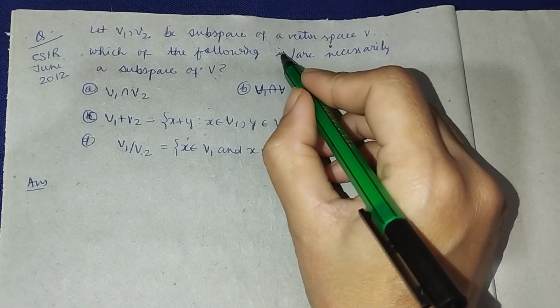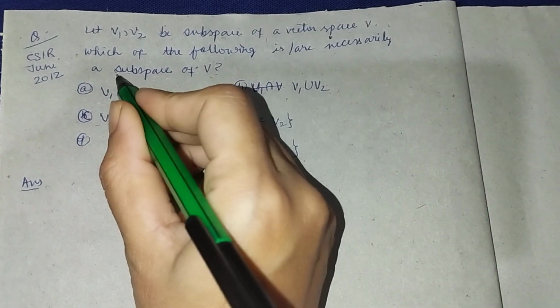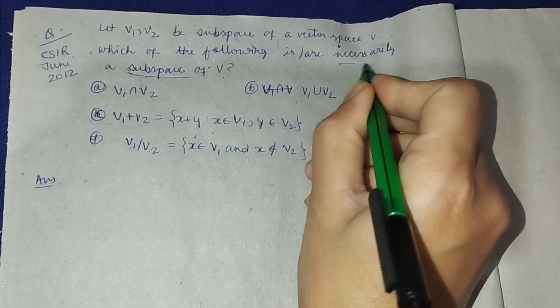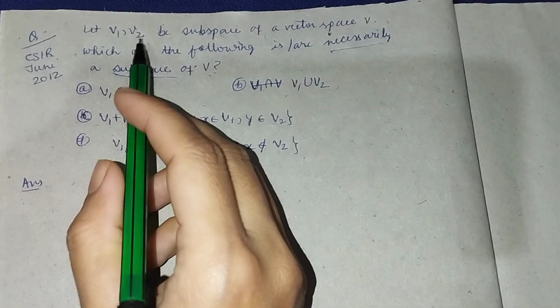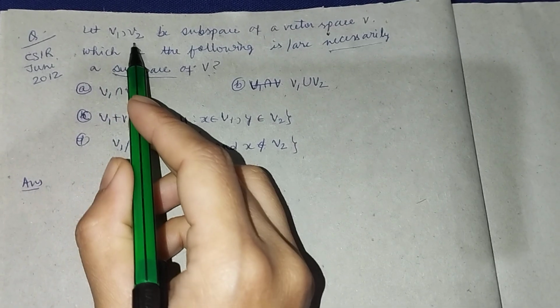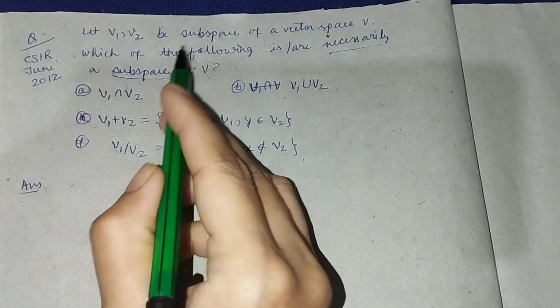This question says that we need to identify which of the following options are necessarily a subspace. In this given question, V1 and V2 are already subspaces.